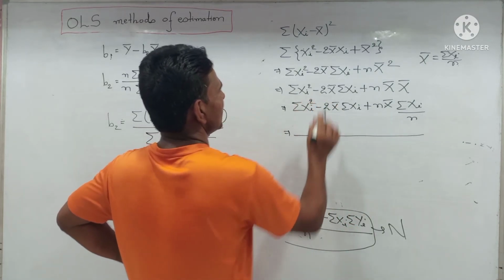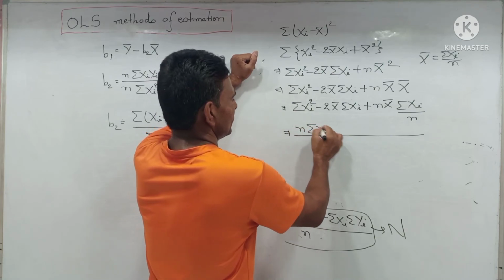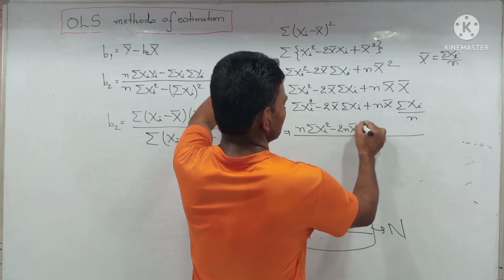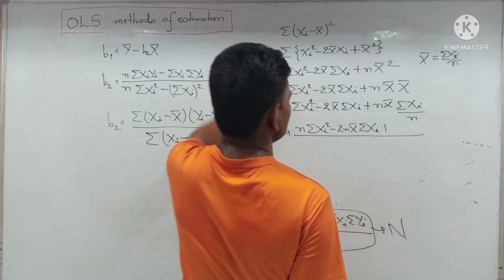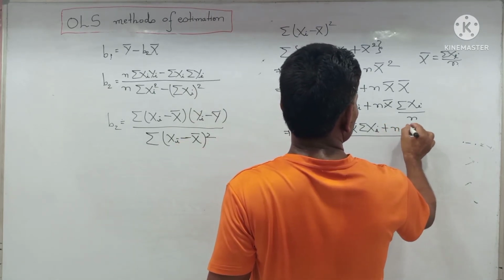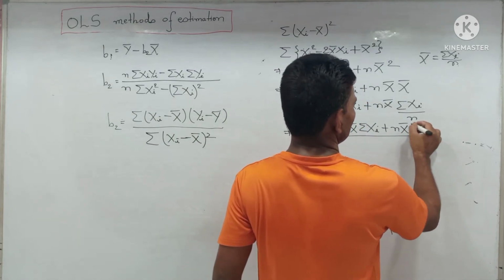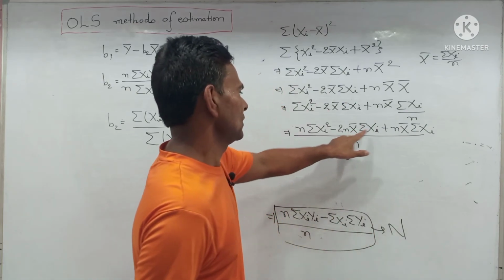So if we take the LCM: n times summation of xi square minus 2n x mean summation of xi plus n times mean x squared.